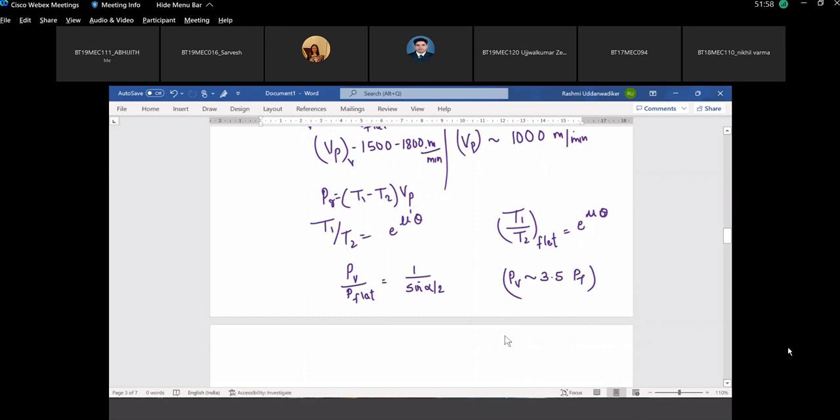Assuming the value of alpha as 34 degrees and the value of alpha as 40 degrees, what would be the ratio of this PV by PF? What will be PV by PF if this is 34? And this ratio if this is 40?